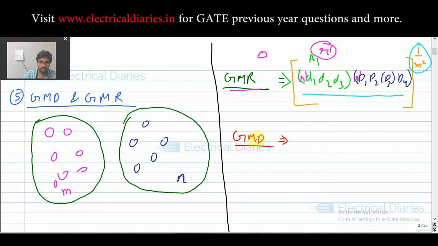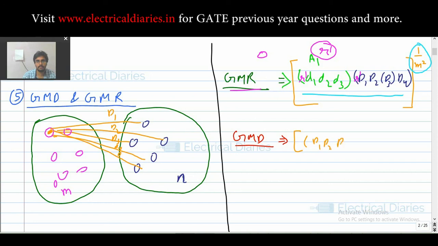Now let us move to the GMD. What is GMD? See, now here you have to consider both. So how will you take distance? You choose this conductor, you take its distance from every conductor of the other set. So this will be, let me say, D1, D2, D3, D4, D5. Write it down.